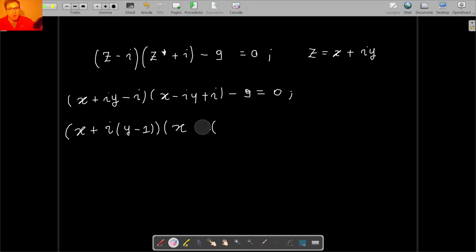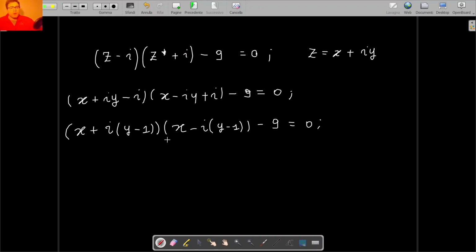In this way we can see what kind of structure emerges. So we have x minus i times (y minus 1), minus 9, equal to 0.